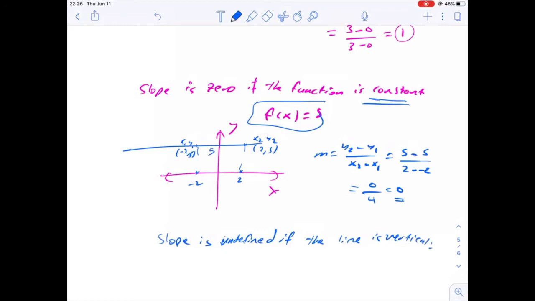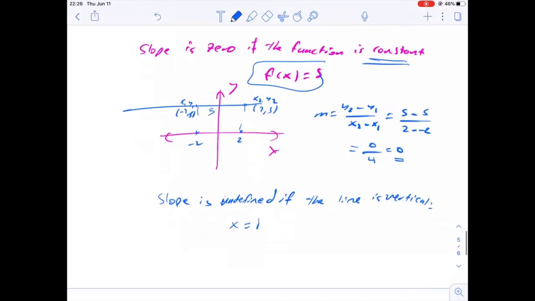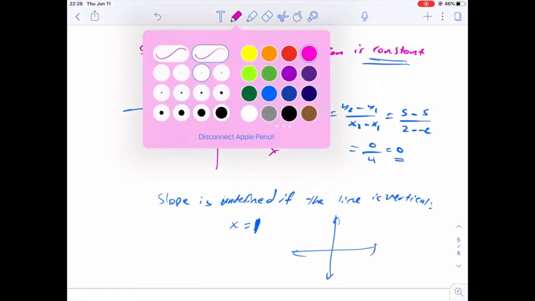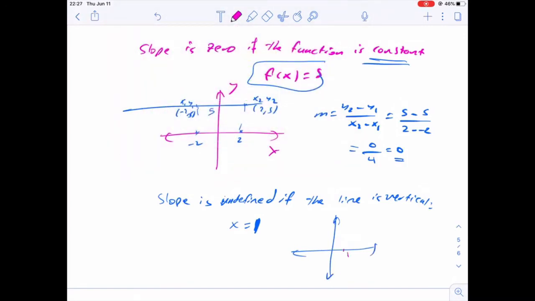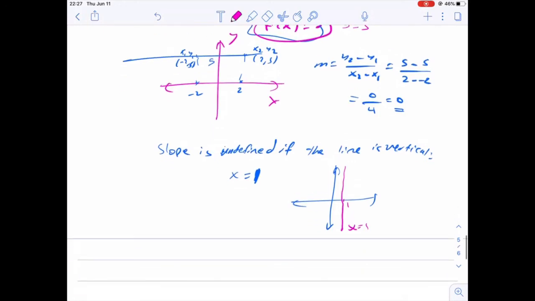For example, we have x equals 1. When we graph x equals 1, we have a vertical line that intersects the x-axis at the point 1. This is the graph of x equals 1. And actually, the earlier graph is y equals 5. The horizontal line is given by y equals something, and the vertical line is given by x equals something.